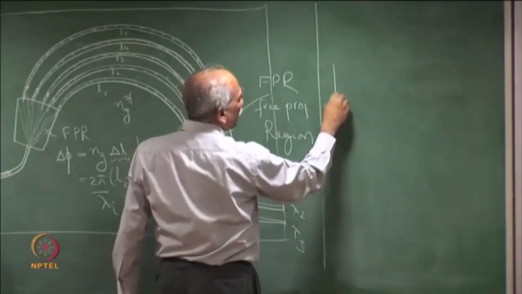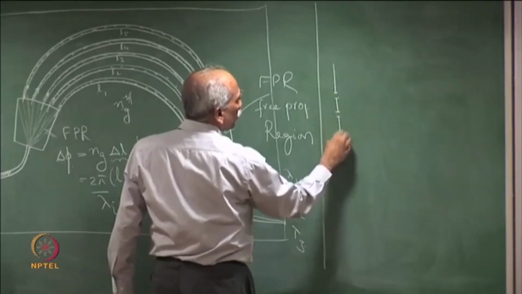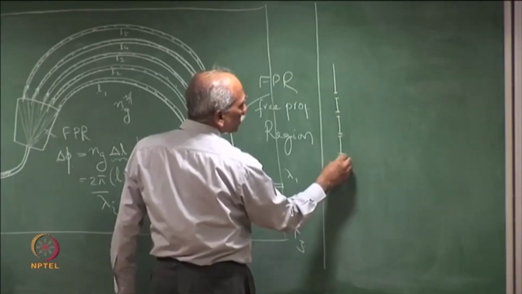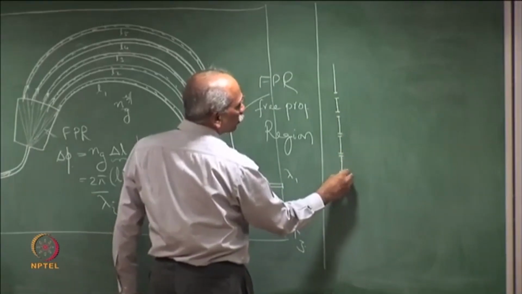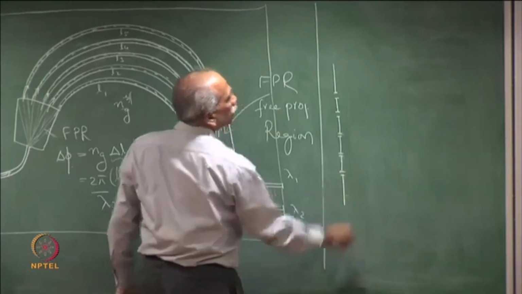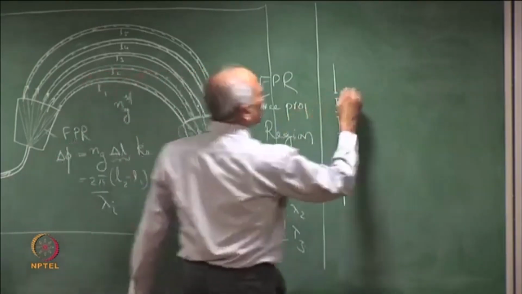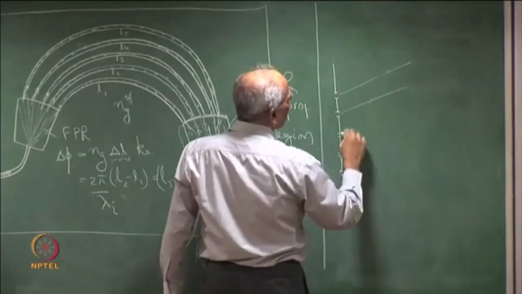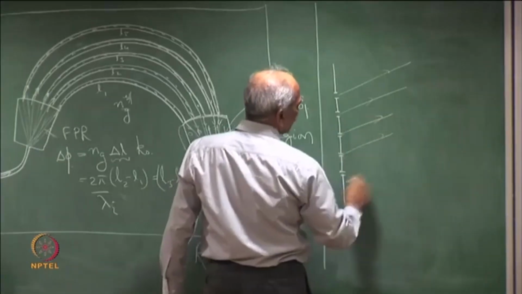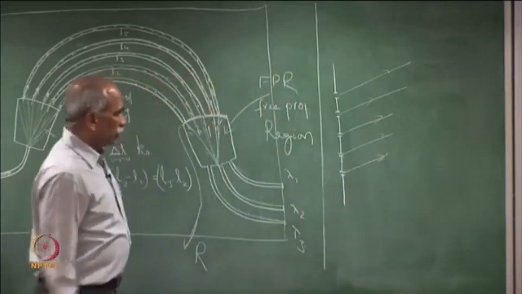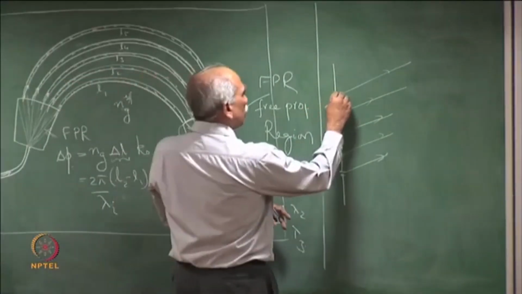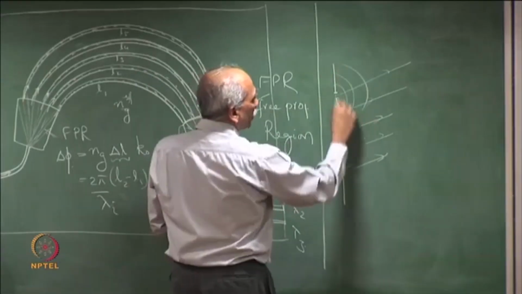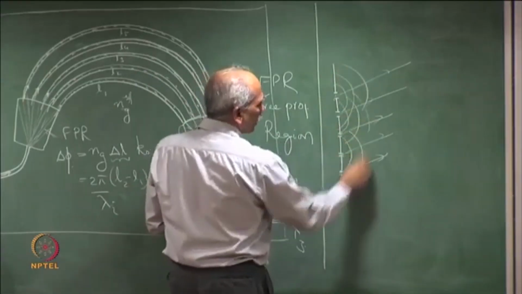So, those of you who are familiar with the phased array antennas, so we have point sources here, which are emitting. If I consider these as optical sources, point sources, then each one of them is emitting like this.